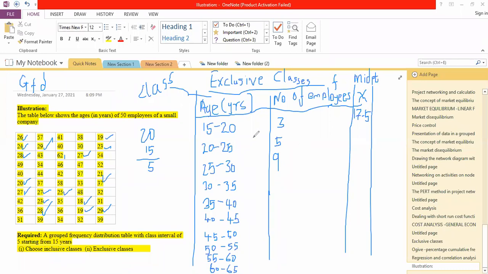Next, 20, 25, that is 45, divide by 2, 22.5.